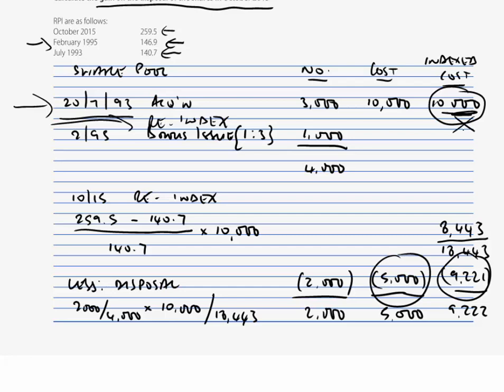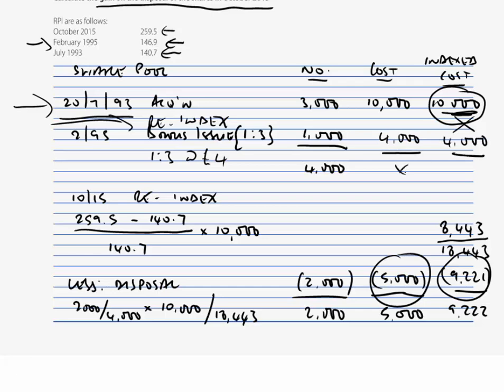The issue would have been a rights issue, so you'd be told on a rights issue that it was 1 for 3 at whatever price per share. For the sake of argument, let's call it £4 per share. So 1 for 3, that was another 1,000 shares, and now you'd have had a cost of 4,000. Any cost coming in impacts on both the cost column and the index cost column.